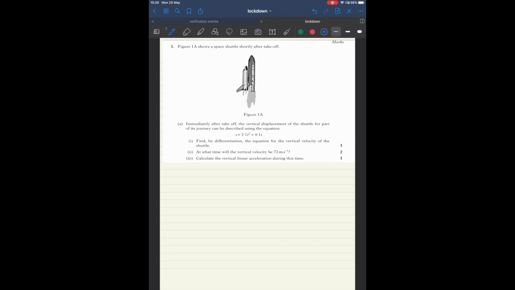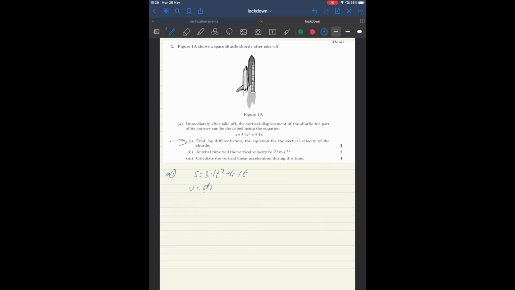Now, what I've got here is the space shuttle taking off. There's the equation of motion for it. It says find by differentiation the equation for the velocity. Well, it can't be too hard. So s equals 3.1t squared plus 4.1t.